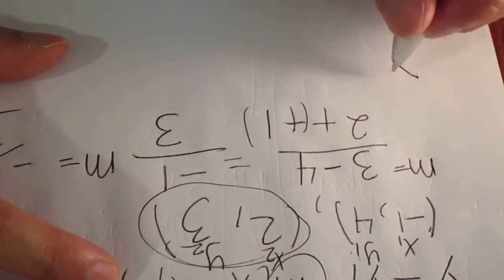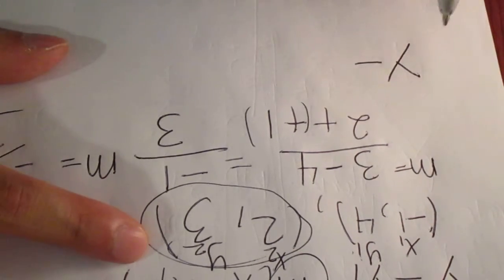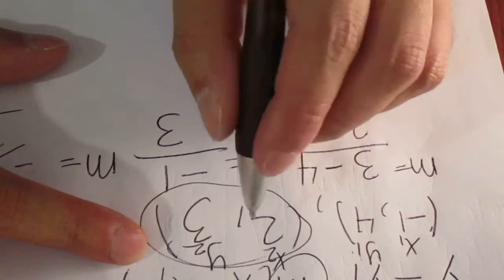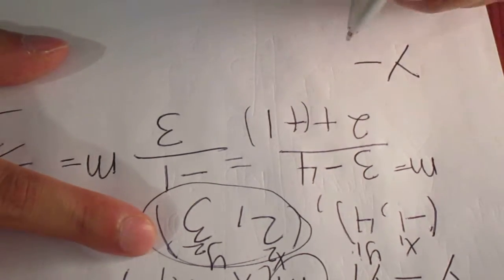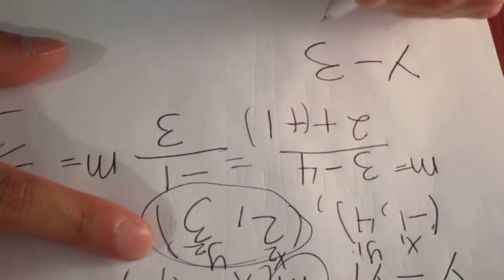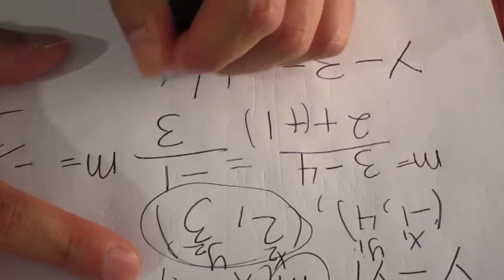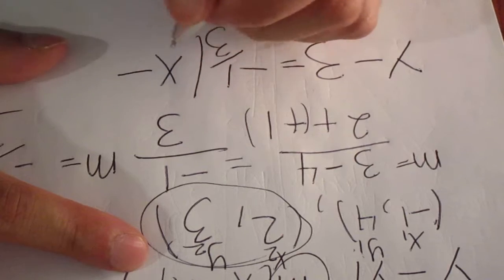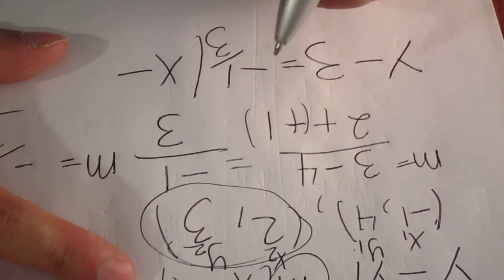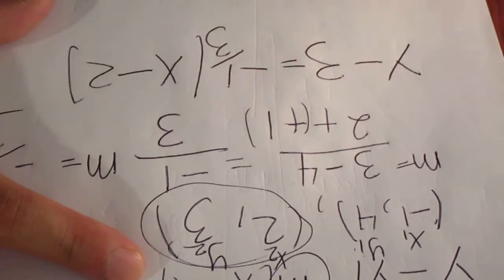So y minus 3 equals negative 1/3 times (x minus 2), right?